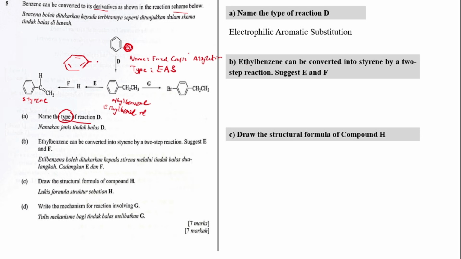Okay, so kat sini, what we're going to do is we're going to change one of the hydrogen into halogen, let's say Br, and then it's going to become CH3 here. Okay, so alkane is going to become haloalkane at the side.